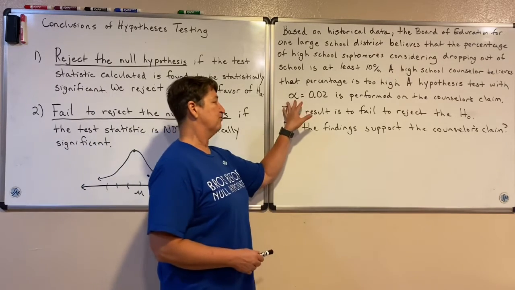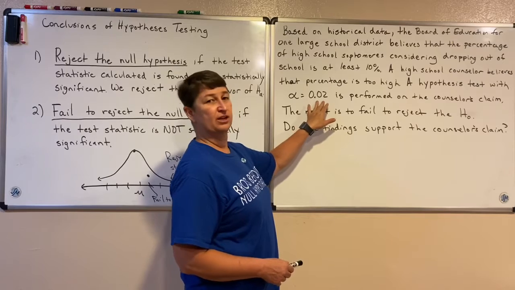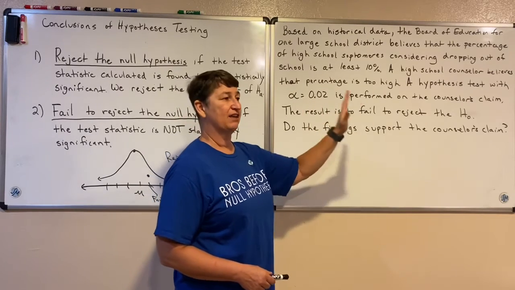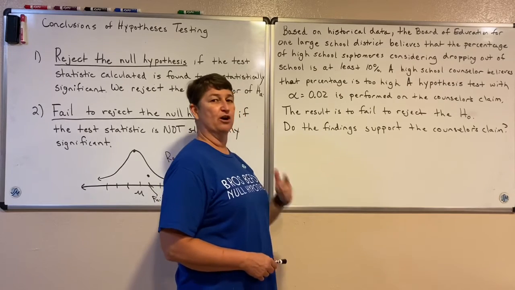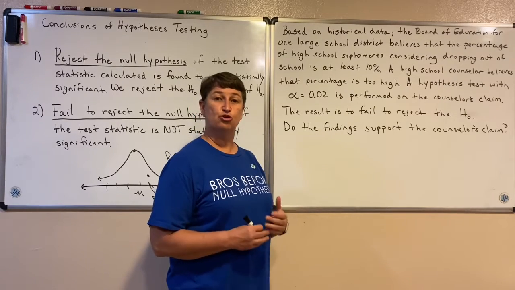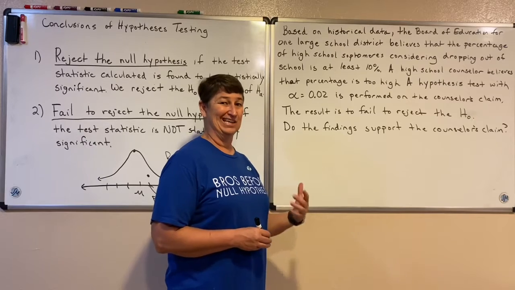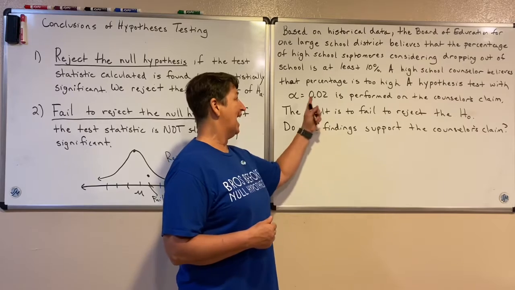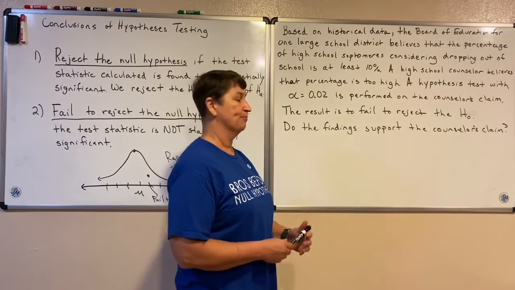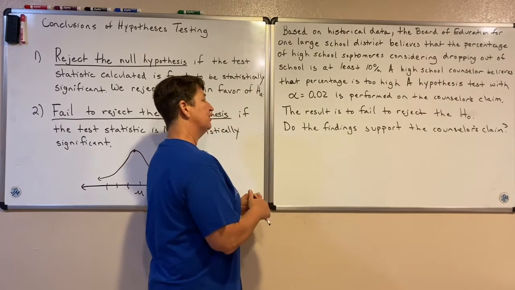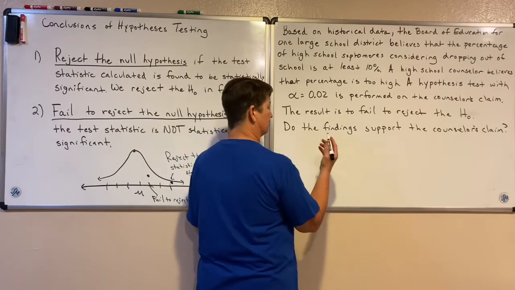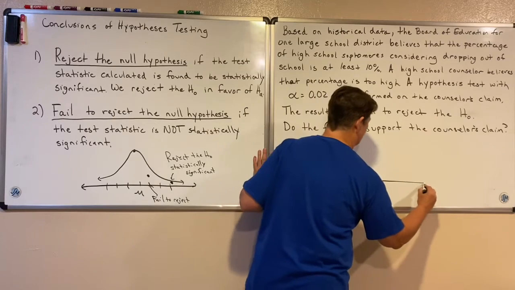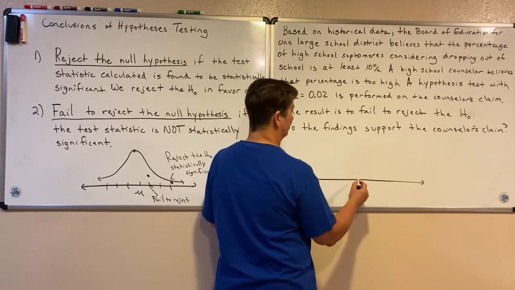First of all, this level of significance of 2% tells me that I need to have a test statistic that is out far enough that it is at the 2% probability that I get it. Or we could say that we have a 98% confidence level. Remember that when we collect our sample, our mean would be here in the middle.